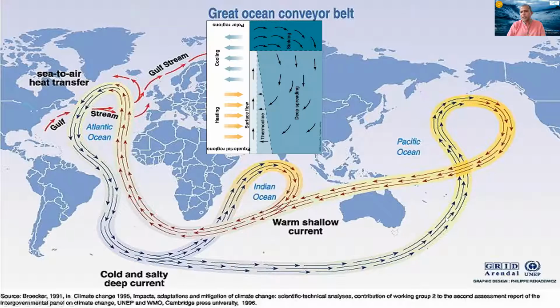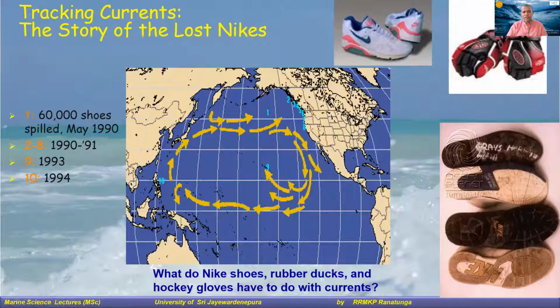How do we determine whether this really happens? A lot of computer models have been run, and not only that, floating and tracking devices have been used to track the movement of the ocean water or ocean currents.